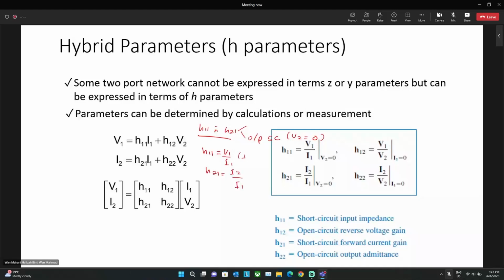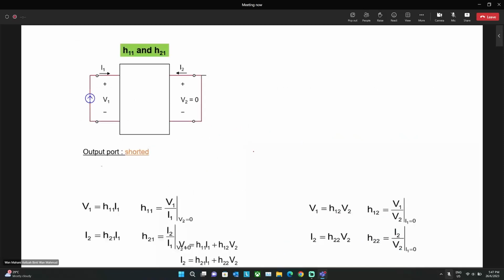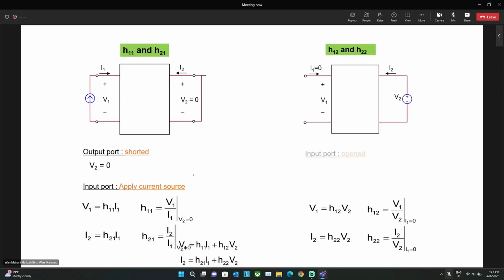Okay, and yang ni unit ohm, yang ni unit skala lah, tak ada unit sebab dia I bahagi dengan I. Ampere bagi ampere, unit dia tak ada. Okay, input dia if I'm not mistaken voltage source saya rasa ni voltage current source ataupun voltage source, dua-dua boleh. Okay, ini macam mana nak carilah untuk H11, H21.